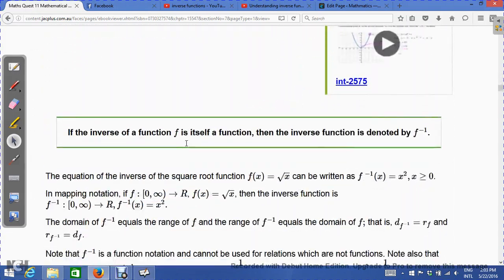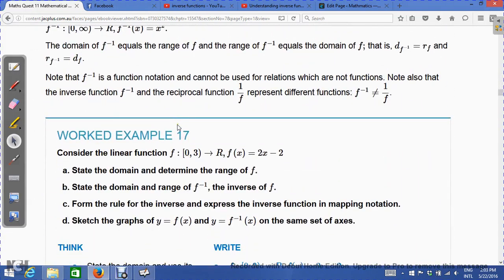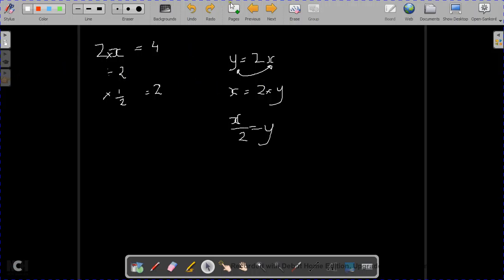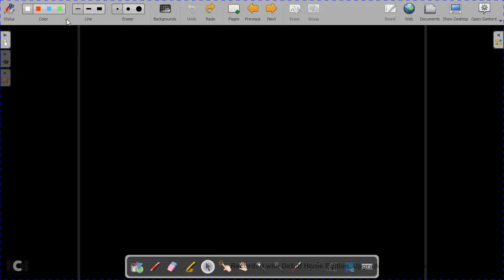So let's go into a quick little example. I'm just going to make one up. So let's say we've got the relation y equals 3x, something simple.